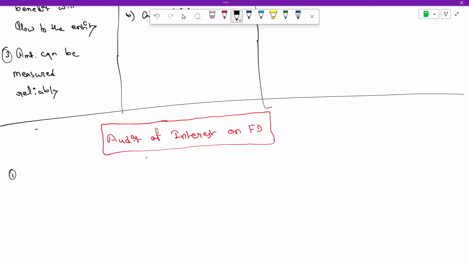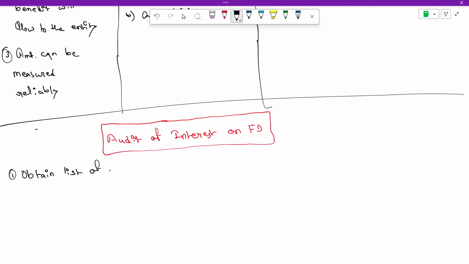If it is interest on FD, it will be based on FD. So first of all, we should obtain the list of all the FDs.